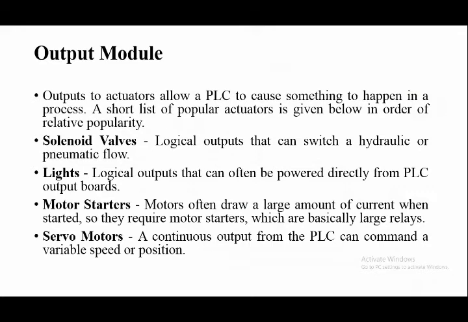Lights: logical output that can often be powered directly from the PLC output boards. Motor starters: motors often draw a large amount of current when they start, so they require motor starters, which are basically large relays. Servo motors: a continuous output from the PLC can command a variable speed or position.